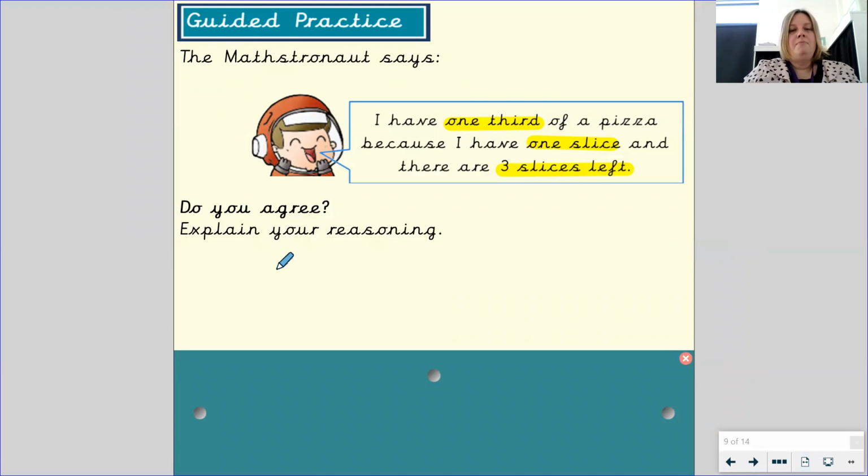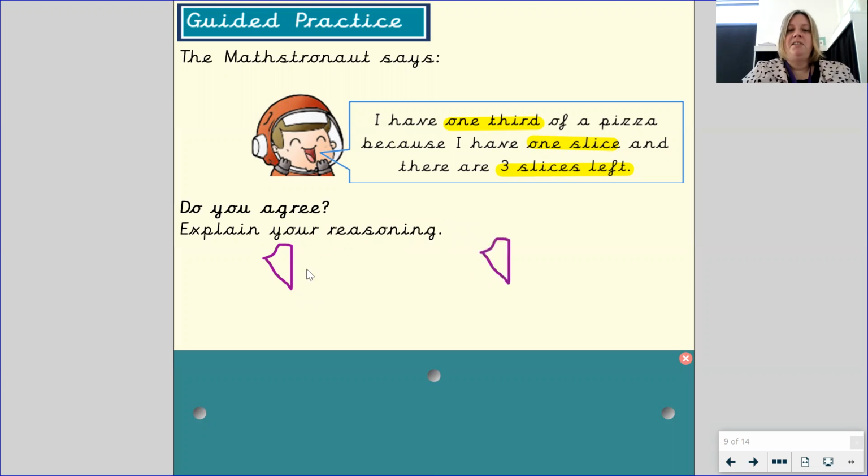So the astronaut has got 1 slice of pizza. So there is the astronaut's slice of pizza. But there are 3 slices left.